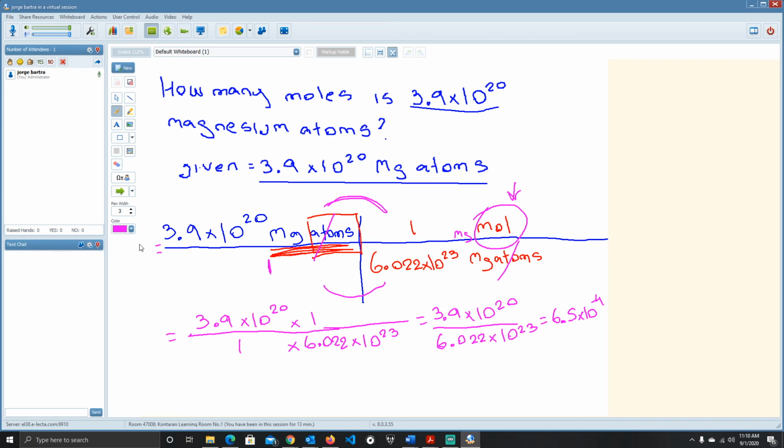So if I were to actually write the answer, because I expect everyone to carry their units and their symbols, in this case, we will be talking about 6.5 times 10 to the negative 4 mole magnesium. That's how I will write my answer, and usually it is okay. There's usually like no problem. Usually people just write 6.5 times 10 to the negative 4 mole, you know. It depends on how your teacher wants it to be written.